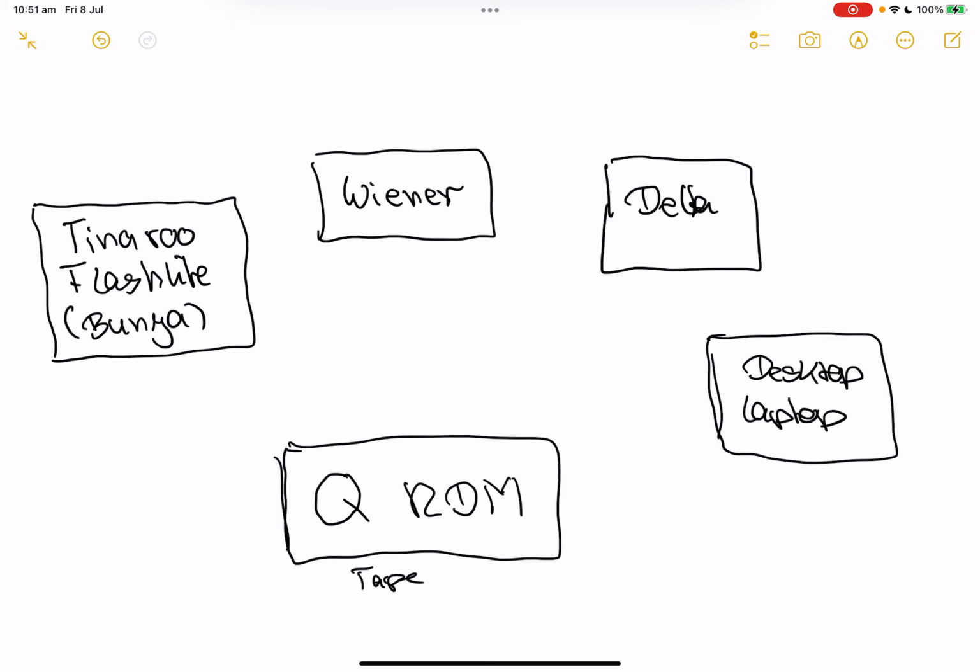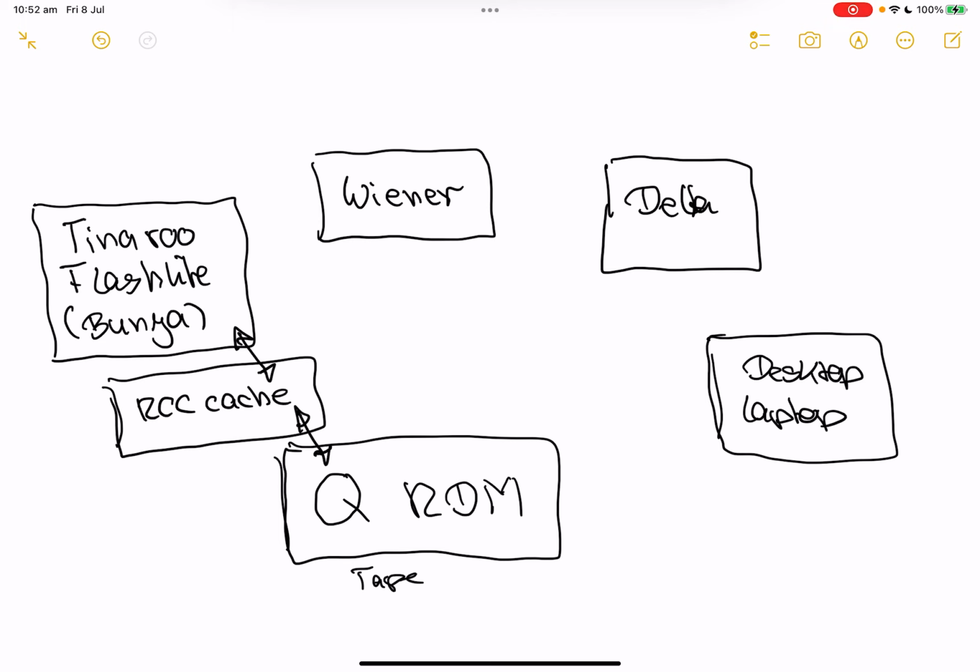And that is different depending on where you're coming from or where you're accessing it from. So for Tinaroo, Flashlight and Banya coming in, we've got the DRCC cache. So we call the disk that sits in between a cache. And so if you're coming from Tinaroo or the other clusters, you have to go through that cache to access your RDM.